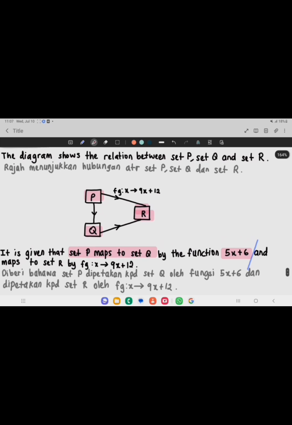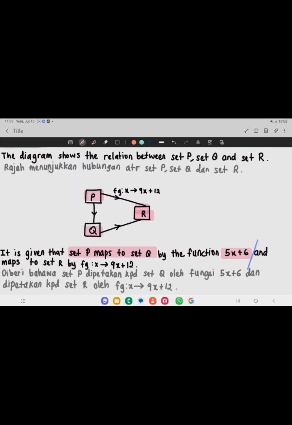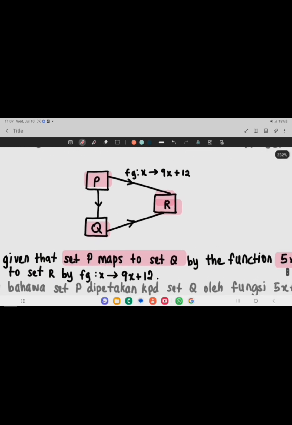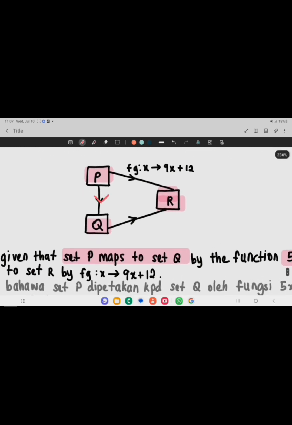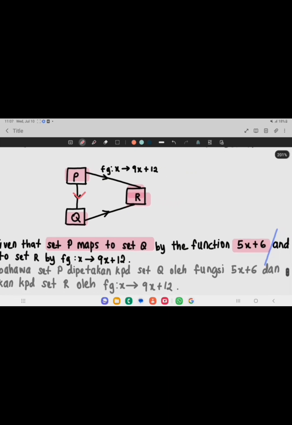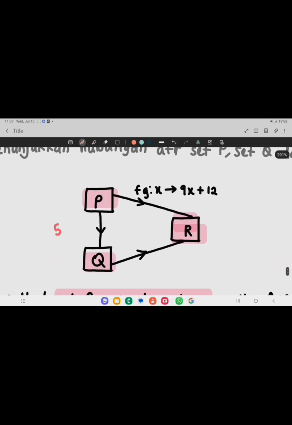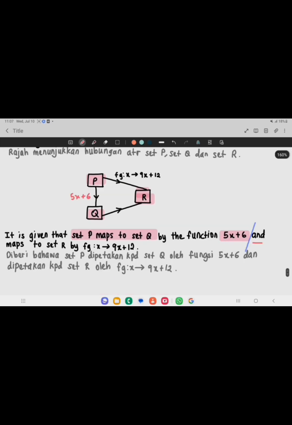So what you are going to do is transfer the information given into the diagram. Set P maps to Q by the function of 5x plus 6. So here the function is 5x plus 6 and maps to set R. You can actually get confused with the sentence given to you.